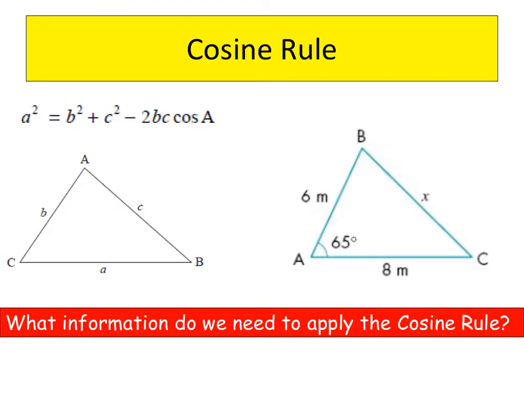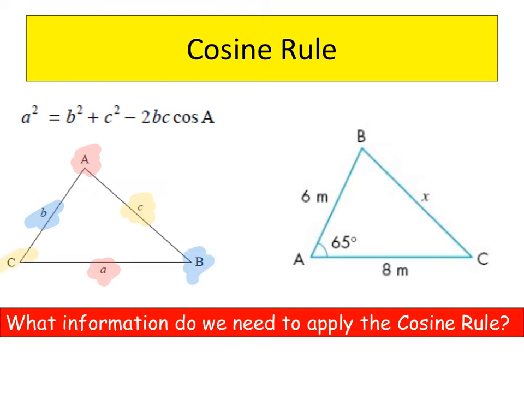So the cosine rule is a formula involving one angle and three sides. So if we have a look at, again, a general non-right angled triangle, you can see that we have three sides, which we can label A, B, and C, and then the three vertices opposite them, which are labelled A, B, and C also.